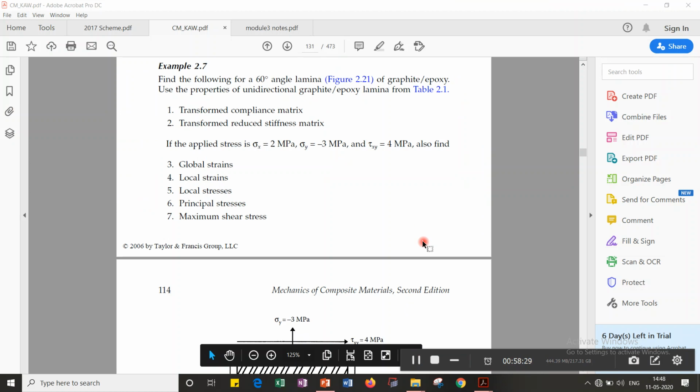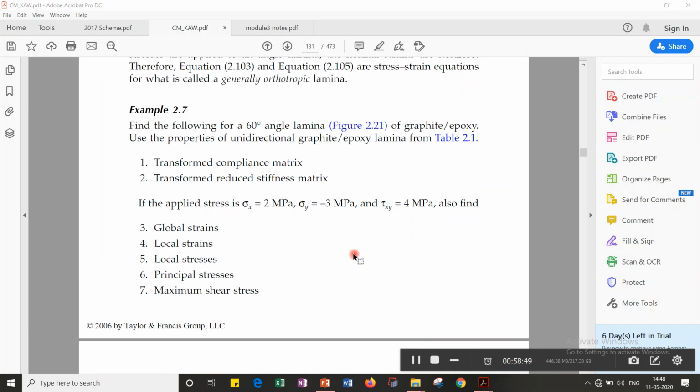So by considering all the previous factors of a lamina which is oriented at a certain angle to the global coordinate system, for the varieties of properties that we have seen, let us look into the problems that we are going to solve today with the help of the textbook by the author Kaw. Let us look into problem 2.7. Find the following for a 60-degree angle lamina.